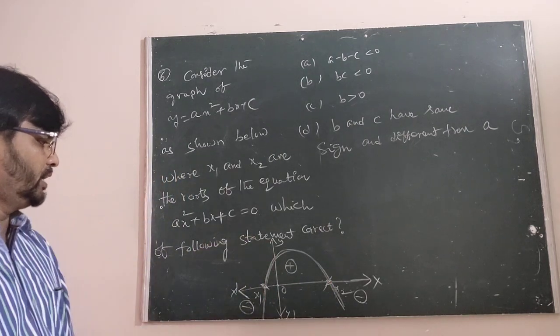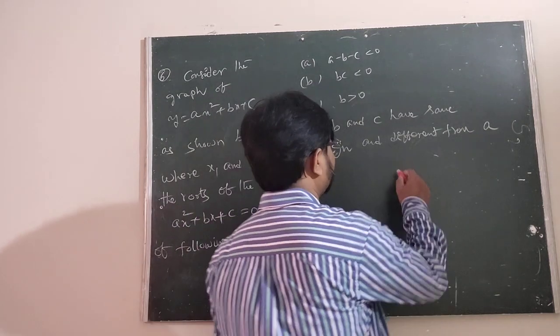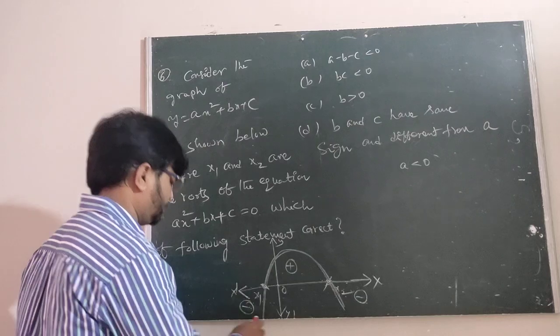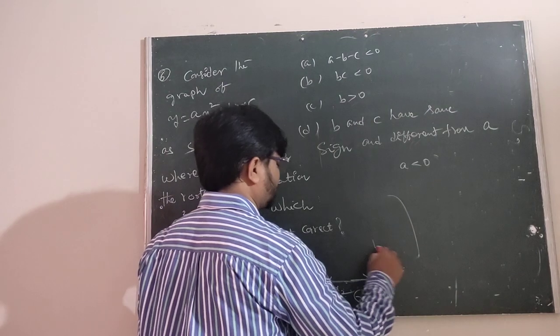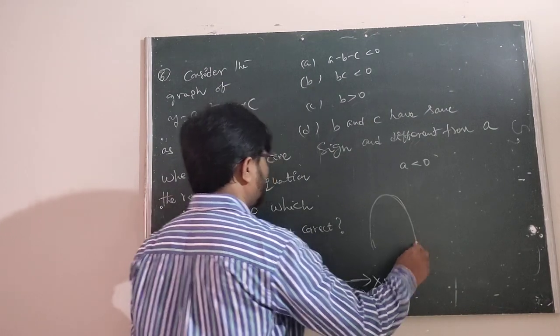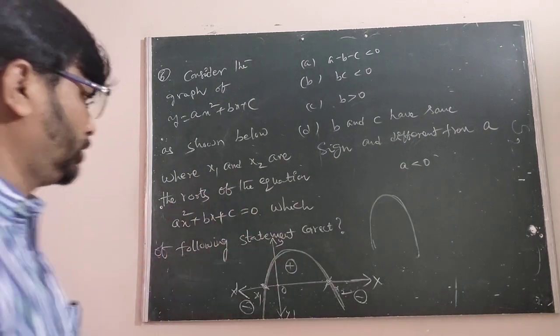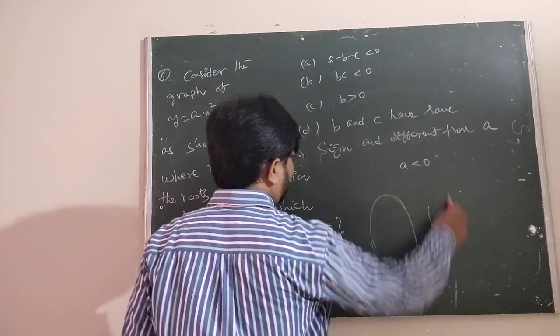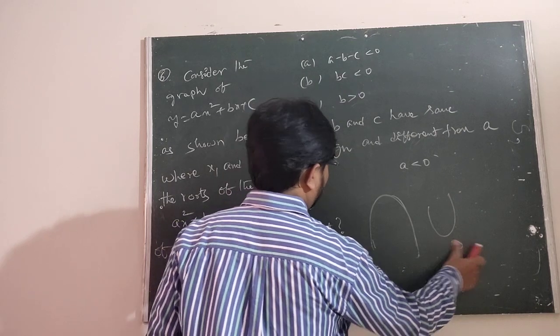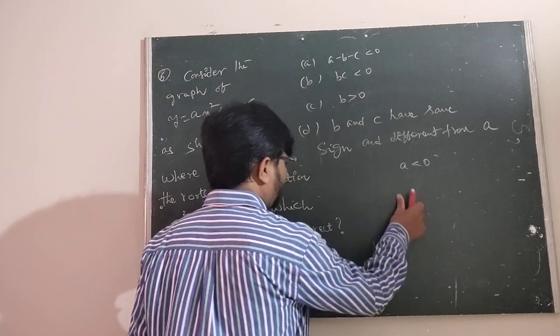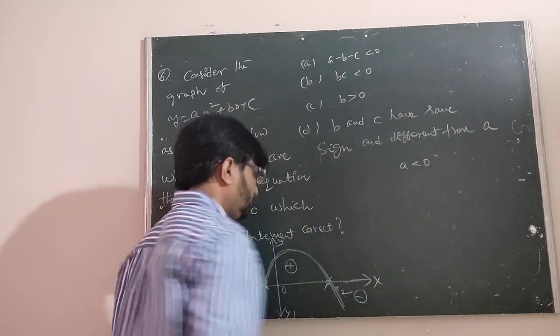Undoubtedly a must be less than 0. Anyone can observe from the graph that in the shape of the downward parabola, the x square coefficient must be negative. Now for an upward parabola, a is greater than 0. We will discuss all these various forms of the parabola.